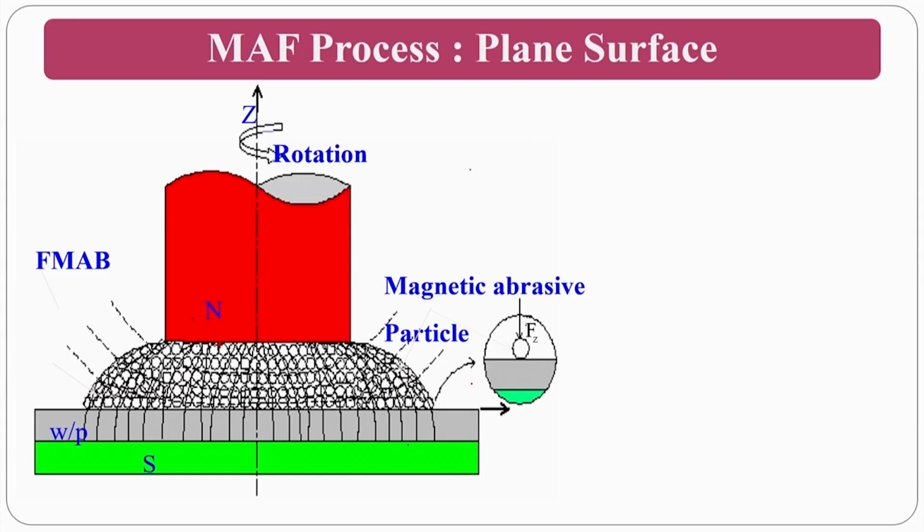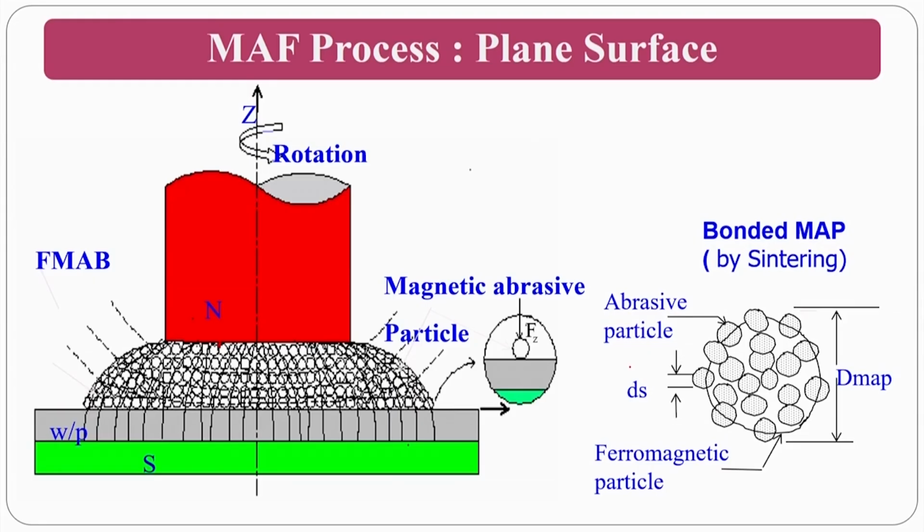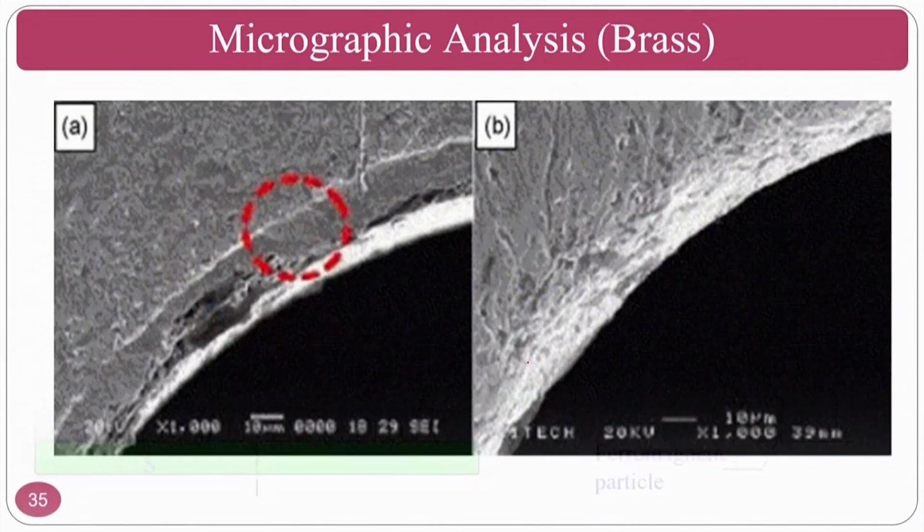The only requirement is that you have to remove the burrs so that you will get a flat surface. You give the rotational speed as well as feed to the magnetic tool, and the workpiece is given feed so that you can remove the burrs.